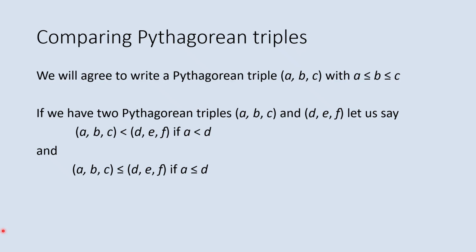And we're trying to do the same thing with this new thing that we have come across, these Pythagorean triples. And so to see this idea, we had the 3, 4, 5 triple, and we had the 5, 12, 13 triple, and 3 is less than 5. So by this idea, we're saying that the 3, 4, 5 triple is less than the 5, 12, 13 triple.